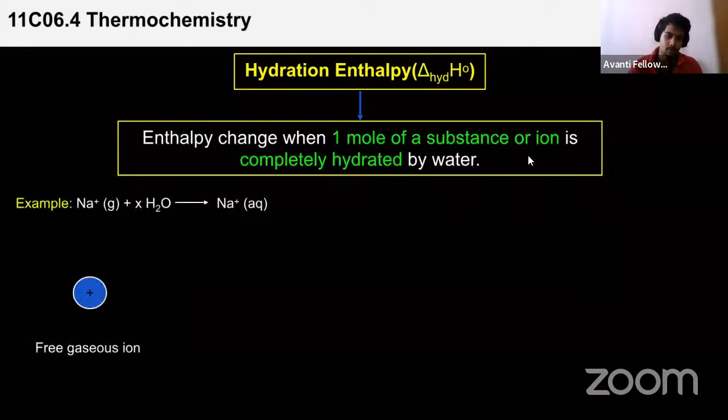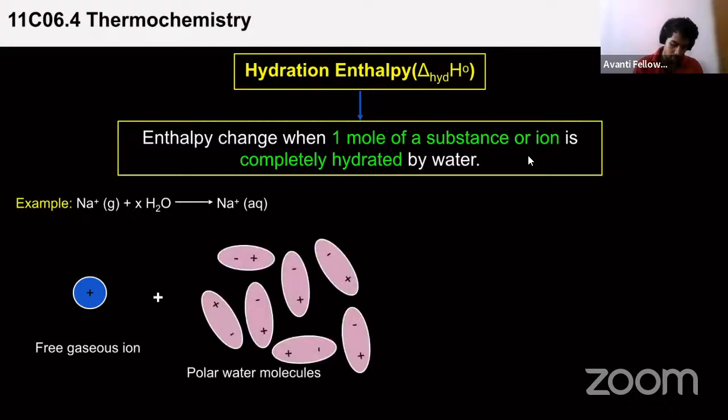Now this is a small reaction we'll be seeing again. Sodium cation is there in gaseous form, and we are adding the solvent, that is H2O. Now this is a free gaseous ion. After adding water, what happens? The negative dipole as well as the positive partial charges are surrounding the cation.